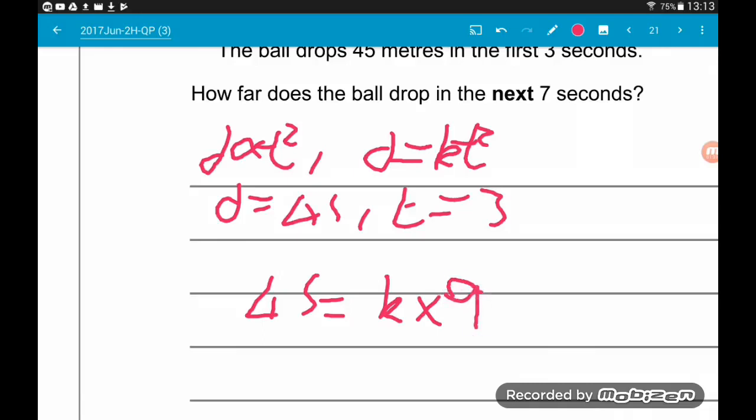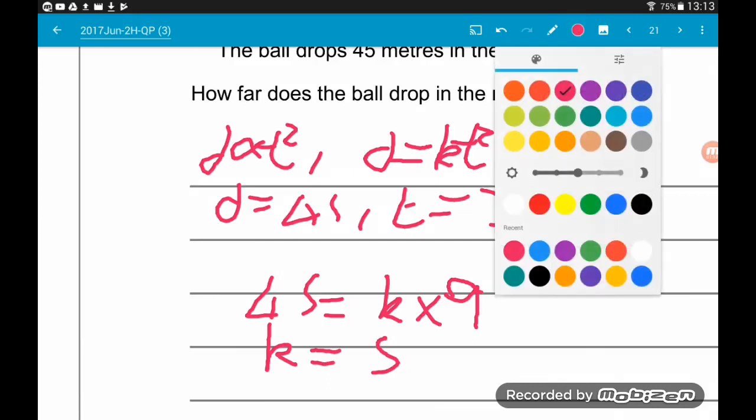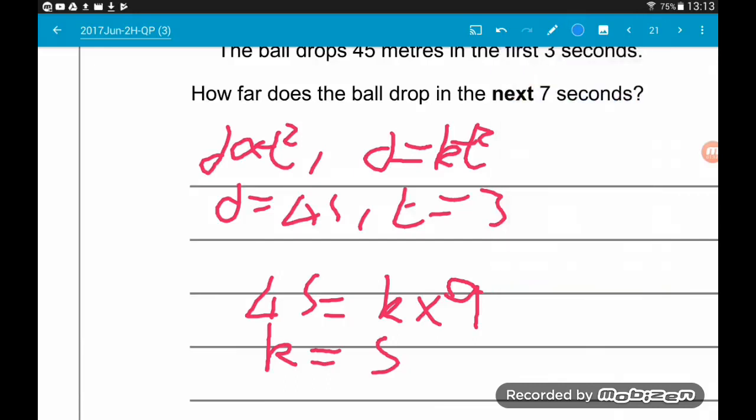So if we divide by 9, we get k equals 45 divided by 9, which is 5. So we've got the exact formula linking D and t. So d is 5t squared.